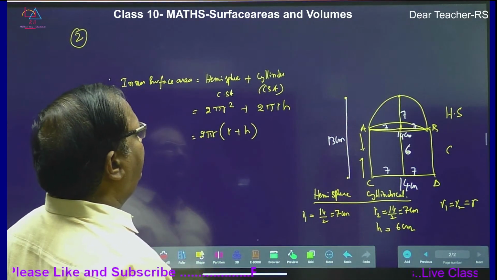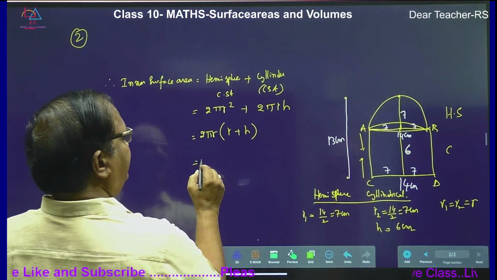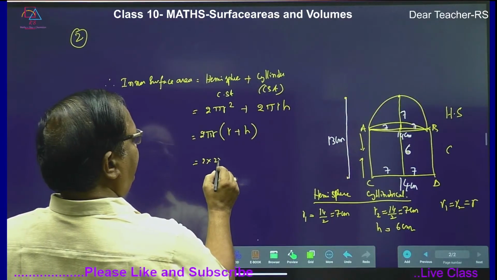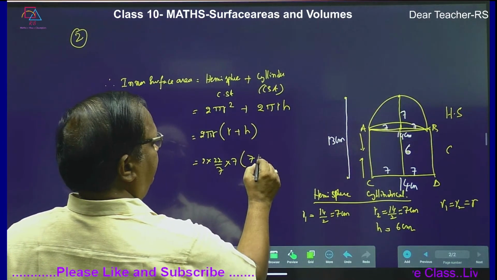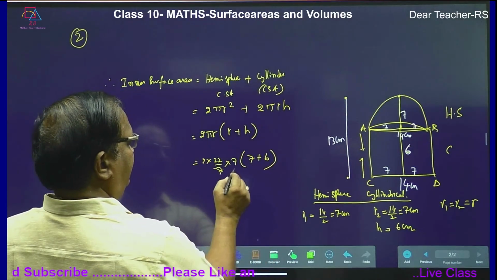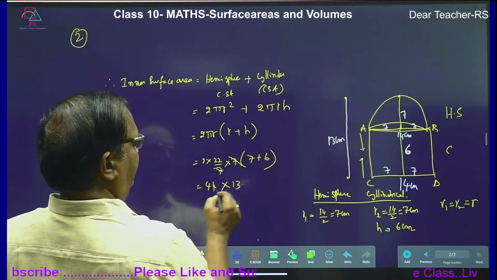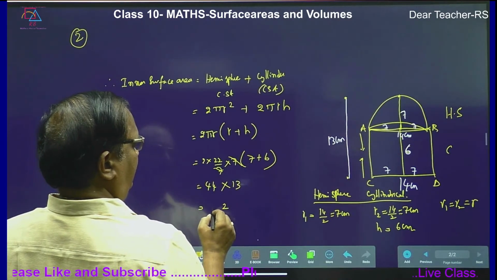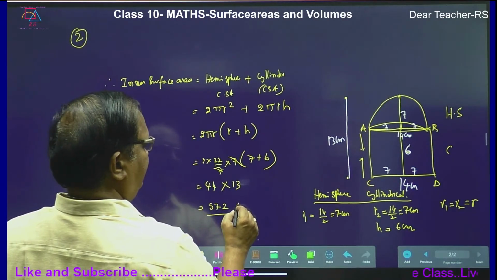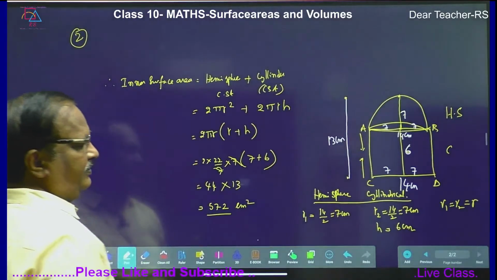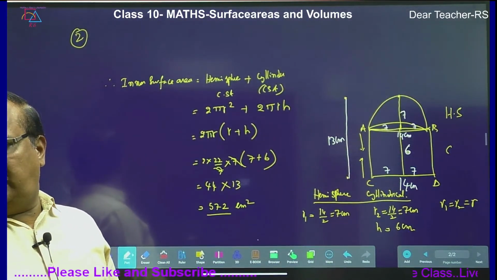So then how much? 2 into 22 by 7 into radius 7, 7 plus 6, 7 cancel. 44 into 13, 572 centimeters square. This is the inner surface area.